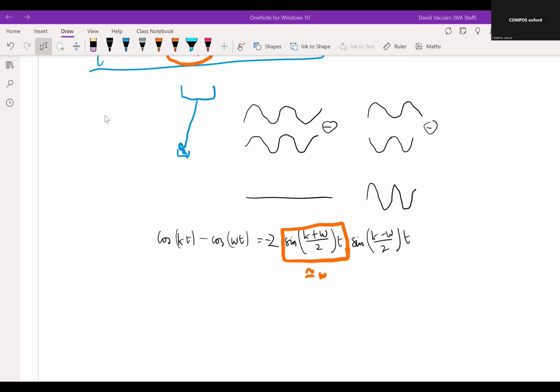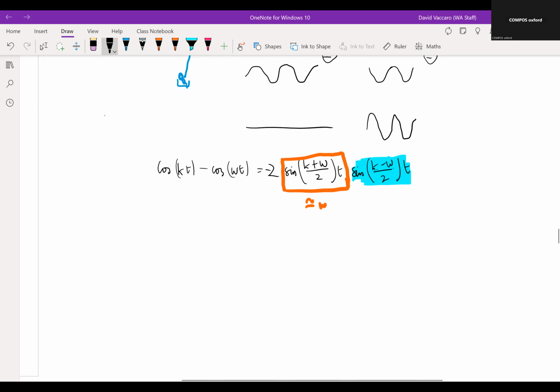But you get a second term, which is a second sine wave. And that sine wave progresses with an angular velocity which is like half the difference of those two waves. So this amplitude term has typically got a longer wavelength. So this is my sine of (k minus w) over 2 t term.